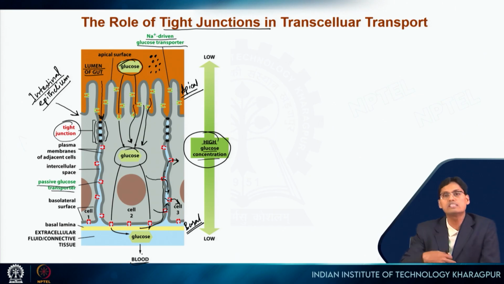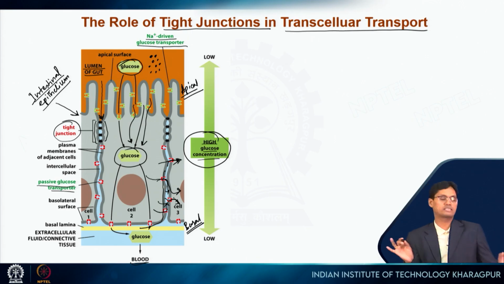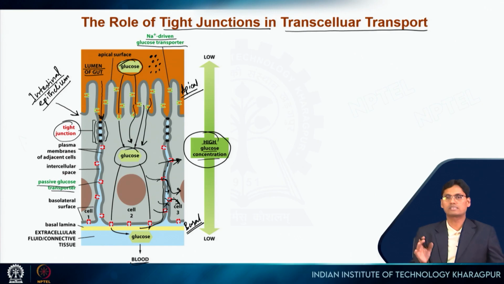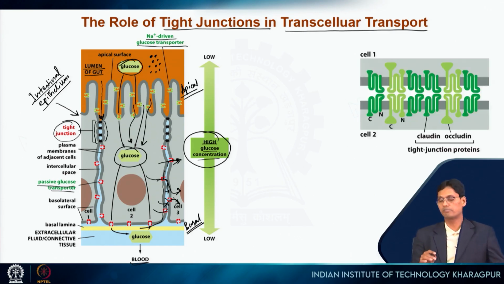That way it is crossing these cells. This is what we call transcellular transport. And when it moves between cells in the same layer, that is paracellular transport. That is just some information that is not that important to understand cell adhesion itself.